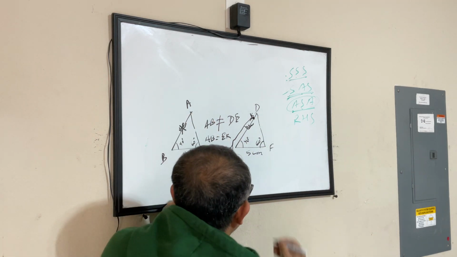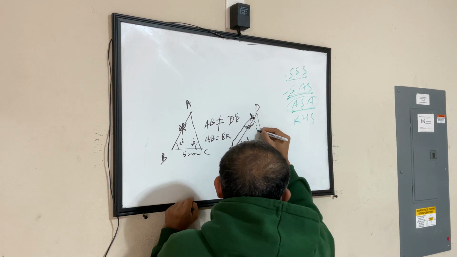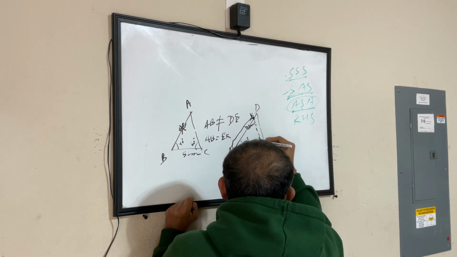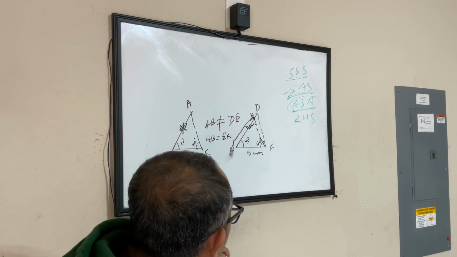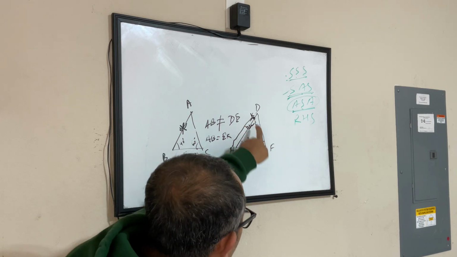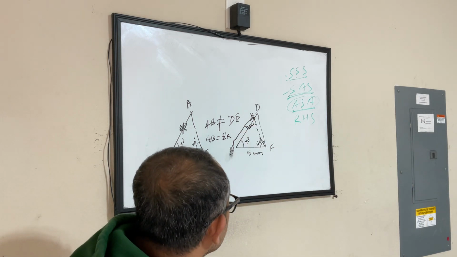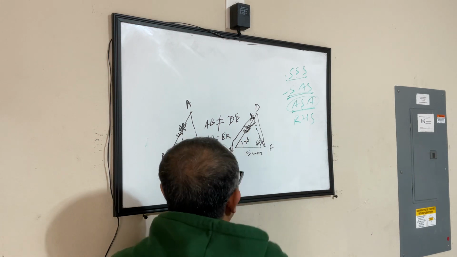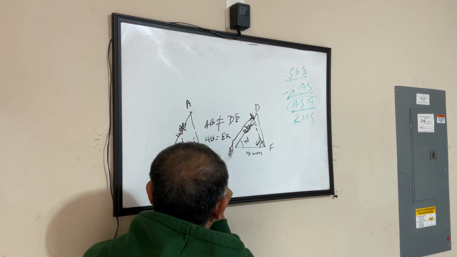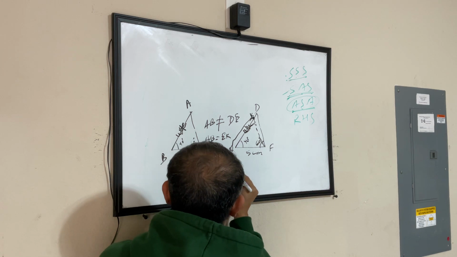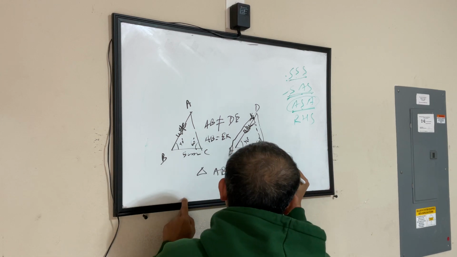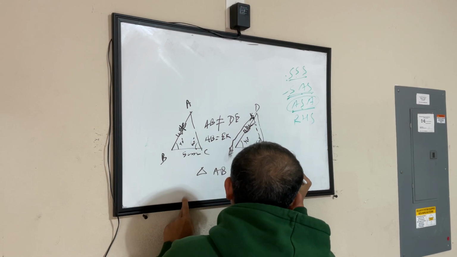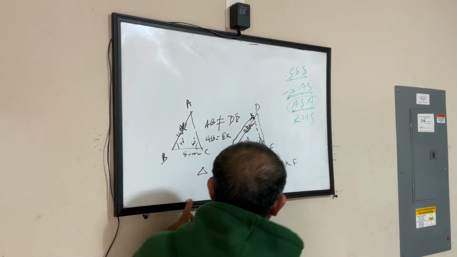Now what would that mean? If I join these two, then this side and this side will match, meaning now we are looking at two triangles, ABC and triangle EKF, the smaller one.